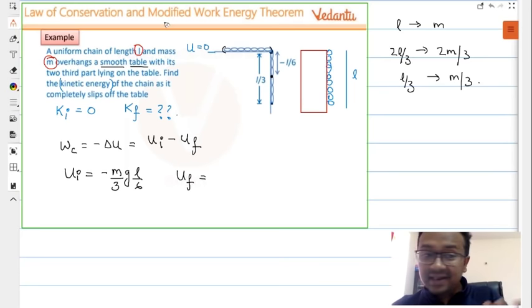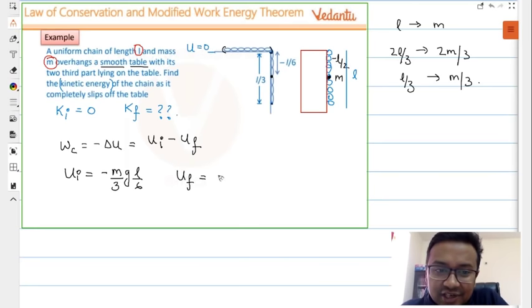In the final state, the entire chain is just about to fall. So its total mass is going to be M. And where is it positioned? The center of mass is at minus L by 2. Then its potential energy is going to be minus mgL by 2.